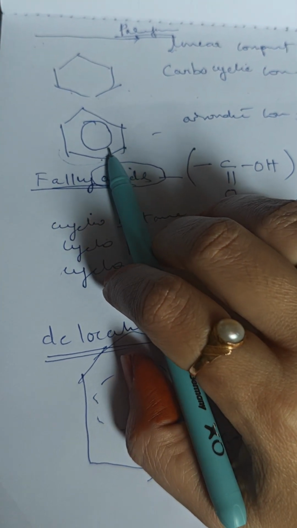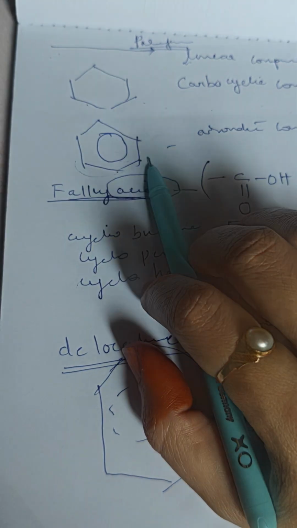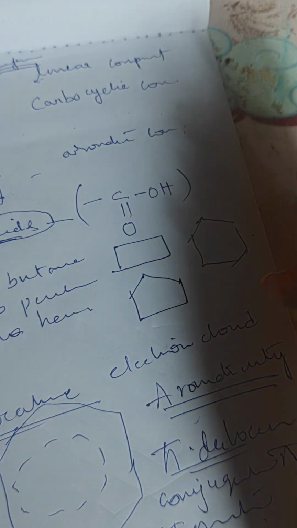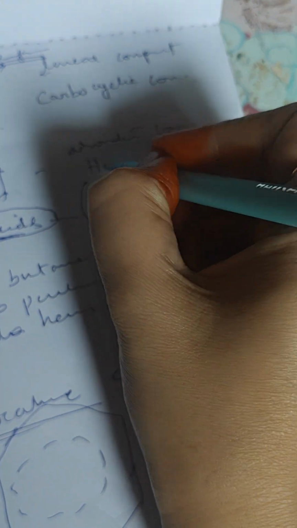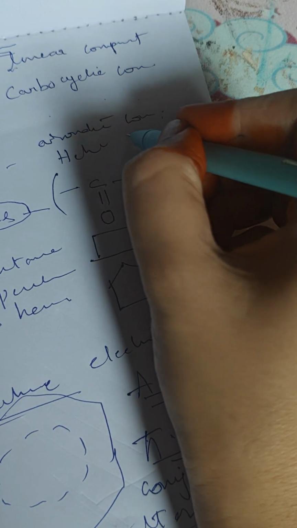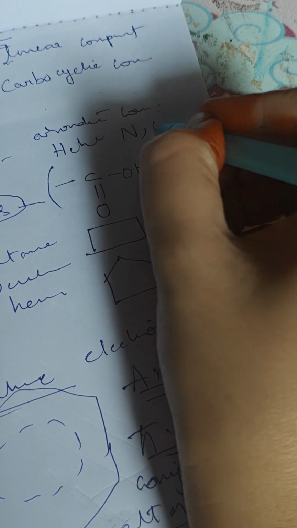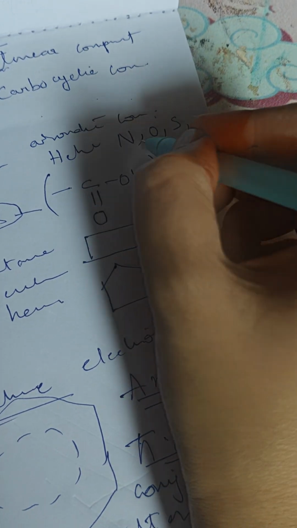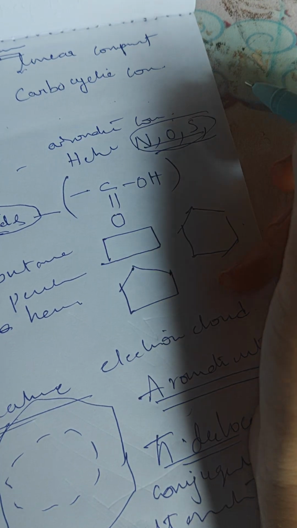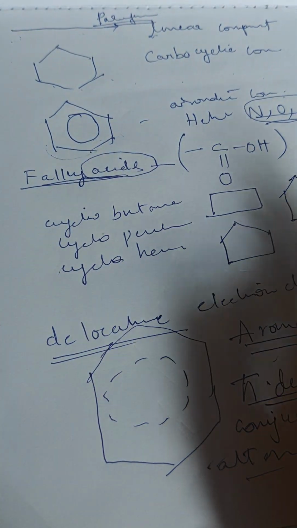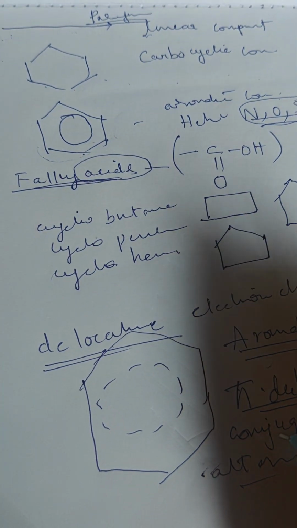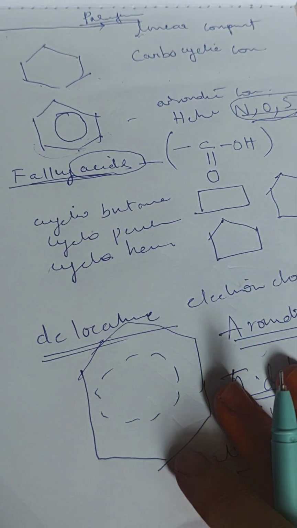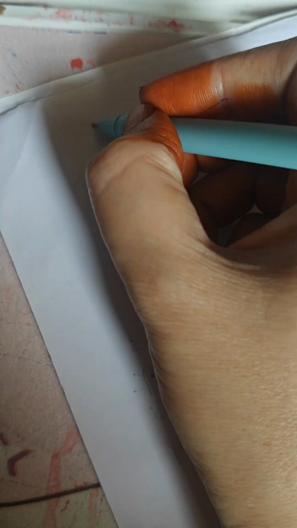In these aromatic compounds we have also seen some of them having a heteroatom such as nitrogen, oxygen, sulfur. They are called heterocyclics. And then some of them are fused with another ring structure.